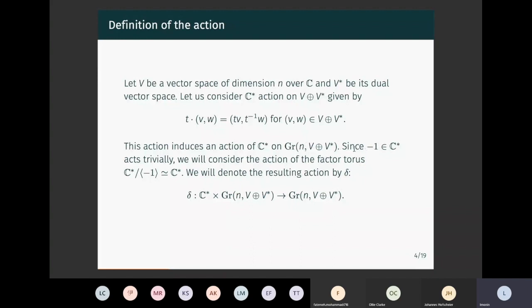So my element -1 of C star acts trivially on the Grassmannian. So we take the corresponding action of the factor torus, C star modulo -1, which is also C star, and let's denote this resulting action by delta.